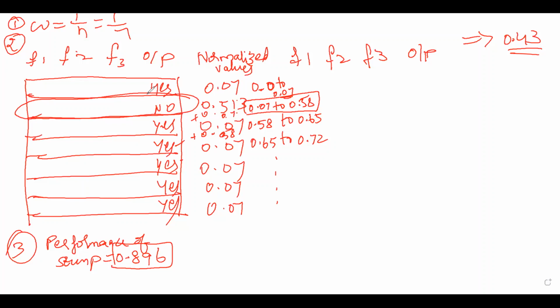So we may get different incorrect records. Suppose we consider this as incorrect, this as incorrect, this is no, this is no. So for F1 it gives different incorrect values, and we consider only those incorrect values.